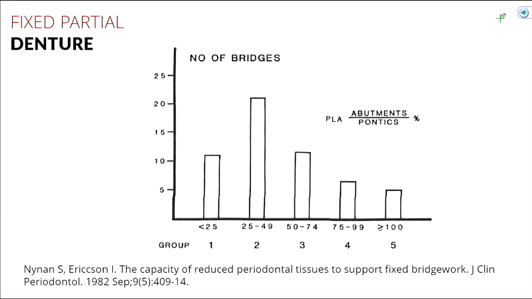So the way to read this chart is, this is the surface area of the abutments divided by the surface area of the pontics, so these are the root surfaces. And if it fulfilled Ante's law, you would expect this number to be over 100%. So here we see only 5 of those FPDs fulfilled Ante's law, and the rest of them didn't by varying degrees.